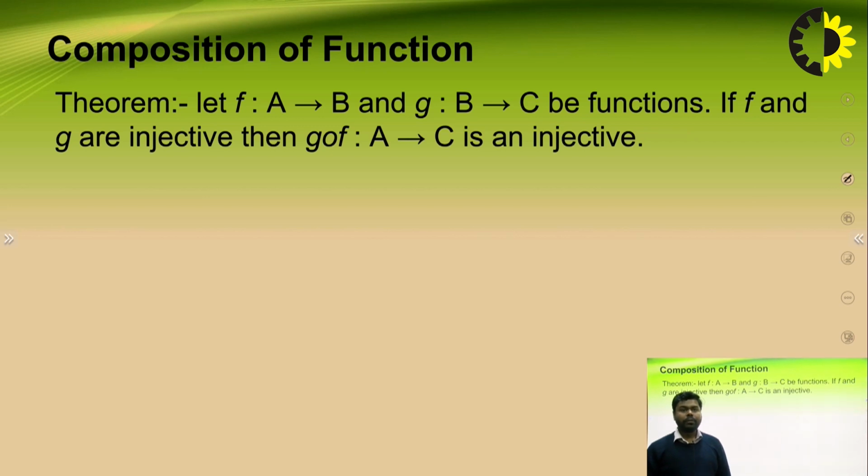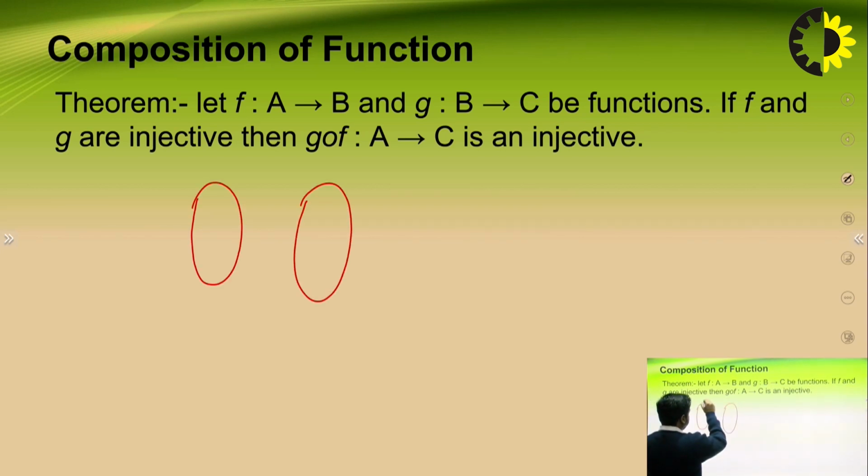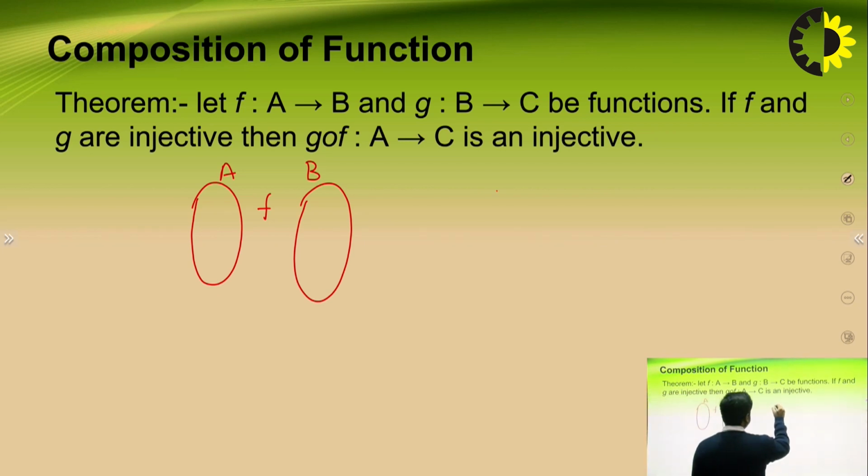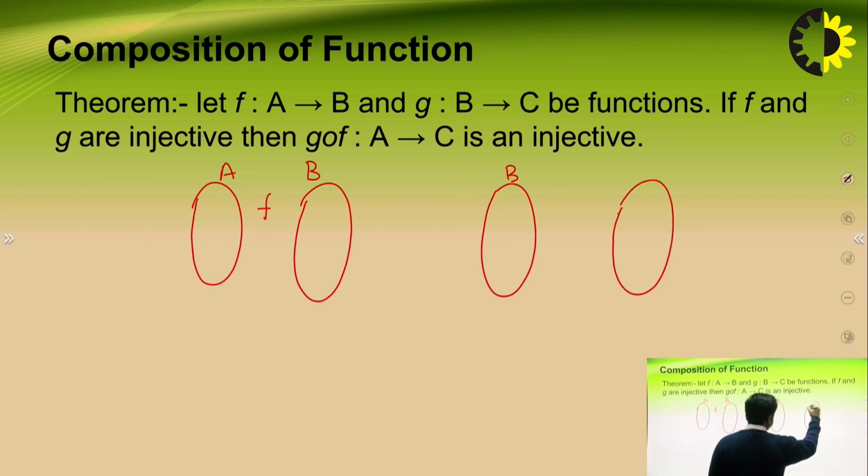How? Now we are going to say function f is from A to B, and it is a function. Let us assume this is the A and B set, and the function relates them to each other. Now we are taking B and C. This is g.